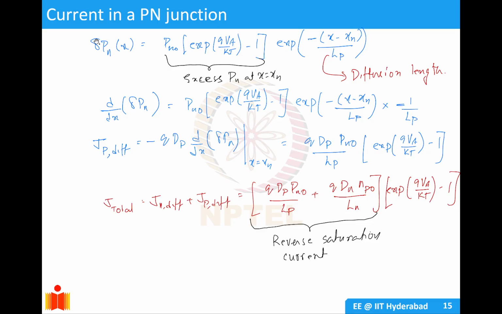So what will be the value for delta Pn of x? That is given as the excess at x equals x minus xn.